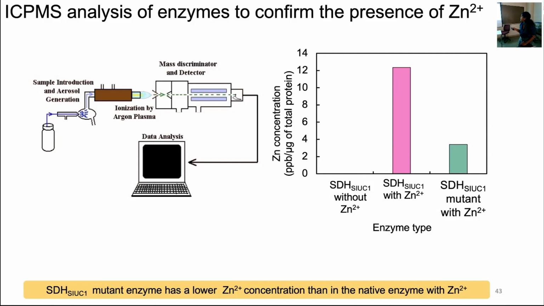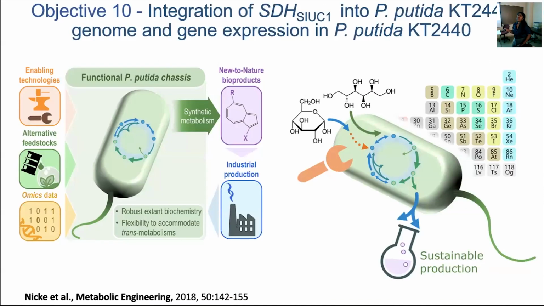We couldn't see any zinc in the enzyme without zinc, and the mutant contained some amount of zinc according to this analysis. However, this is our first analysis about this. We have to repeat this analysis to further confirm this observation. And that was about the biochemical characterization of the enzyme.